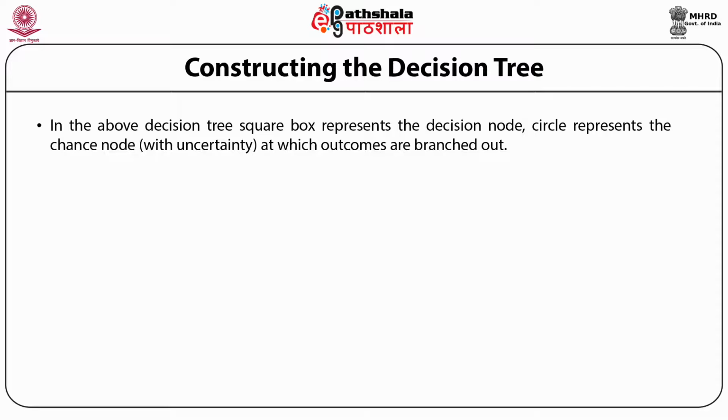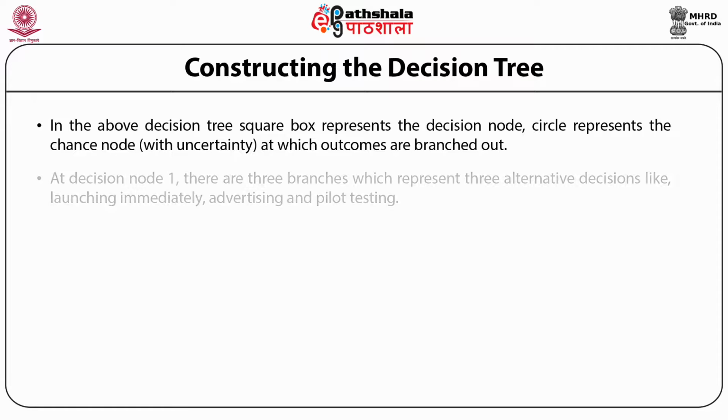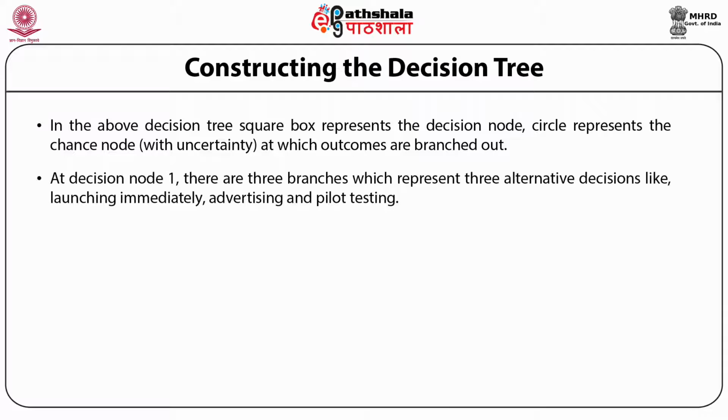Every chance node represents an uncertain environment, at which outcomes are branched out. At decision node 1, there are 3 branches, which represent 3 alternative decisions: launching immediately, advertising, and pilot testing. We are to select one out of these 3 decisions.